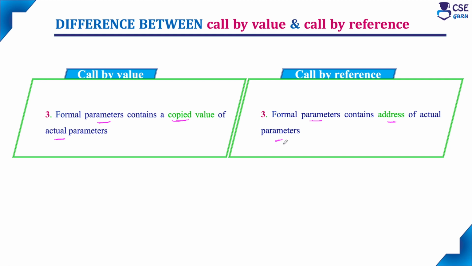That is, here the actual parameter will send its address to the formal parameter. So here the address location of formal parameter and the actual parameter both will be same. That is, both formal and actual parameter share the same memory location. But in call by value, actual parameter variables will be stored in a different memory location and formal parameter variables will be stored in a different memory location. But a copy of the actual parameter will be stored in the formal parameter memory location. So this is the third difference.